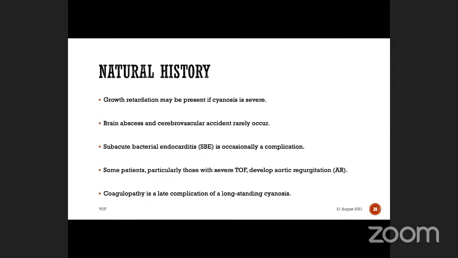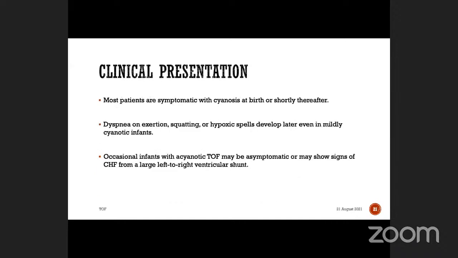Brain abscesses and cerebrovascular accidents rarely occur. Endocarditis is a very bad complication to have in a tetralogy patient. Some patients, particularly those with severe TOF, develop aortic regurgitation because of the location of the VSD. Coagulopathy is a late complication of long-standing cyanosis.